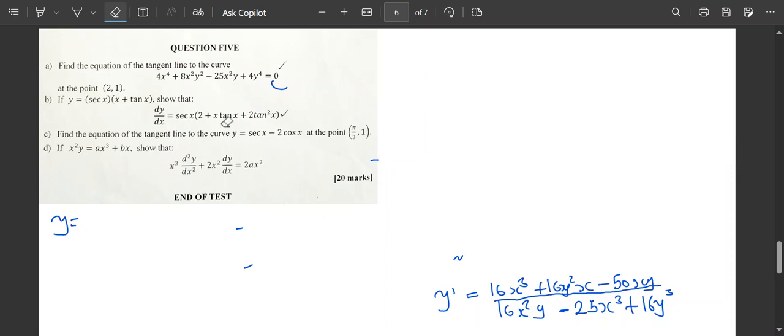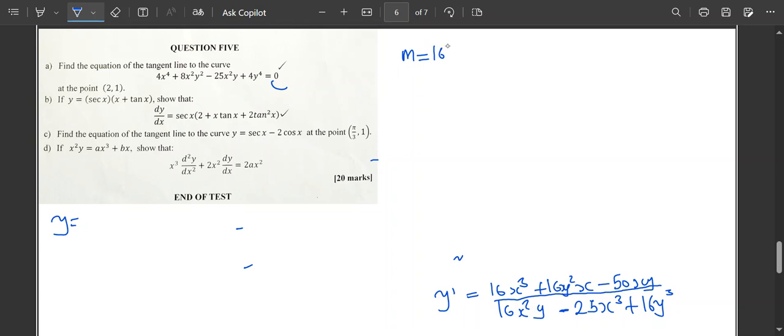Okay, substituting everything now, that will give us our m. Okay, so substituting, we have 16 there. Okay, let me just get a calculator. I now need a calculator there. That's why it's allowed to use a calculator in this course.